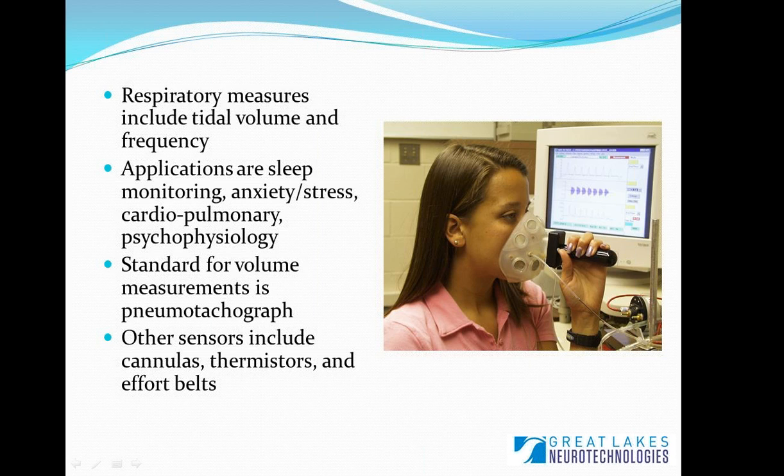That's what you use to record the respiratory measures, such as volume. A few other sensors that you can use for measuring respiration include nasal oral cannulas, where you can measure flow rate and also airflow using changes in pressure, thermistors, which use temperature, respiratory effort belts, spirometers. There's quite a few different types of sensors that you can actually use.